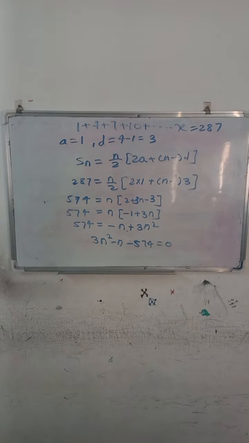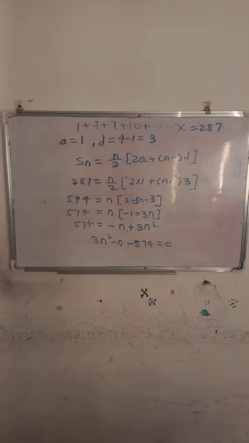Did you find out the factors for this by the splitting middle term method? So when we solve by this splitting middle term method, if the last term is greater, that is 574, then I told you always go for the prime factorization. Okay, then how to find out here? I will repeat that also.